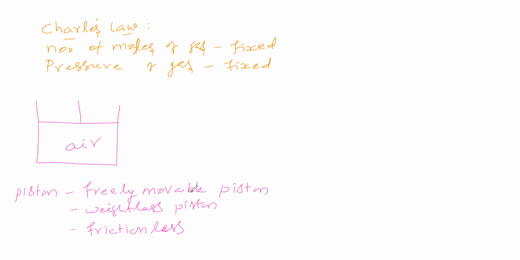Like this we consider. Now, the surrounding air will be there, no? The surrounding air will exert pressure like this. Inside air will exert pressure like this. The piston will move up due to inside air and move down due to surrounding air. The piston will take a particular position at which the pressure exerted by the inside air and the surrounding air will be equal.